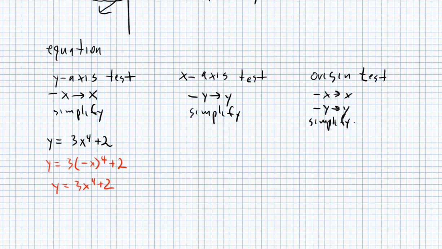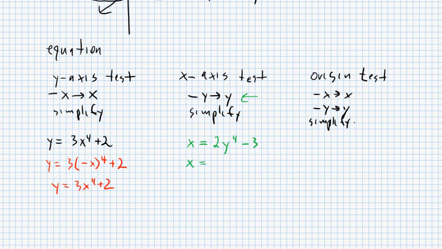X-axis symmetry, let's try one for x-axis symmetry. Something like, how about this one? X is equal to 2y to the fourth power minus 3. What I'm going to do in here, like I have in the test up here, is substitute opposite y in for y, leave everything else the same, and then simplify.